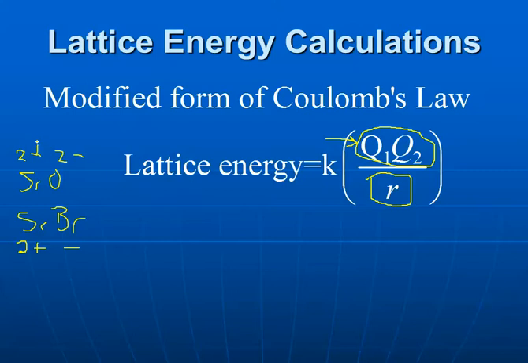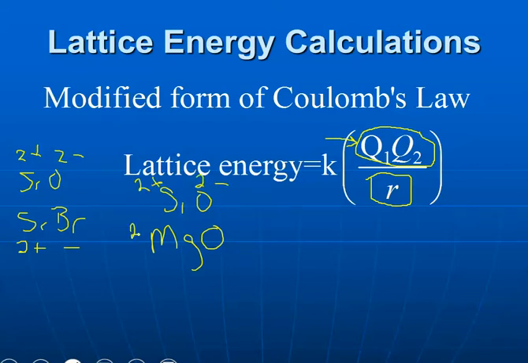If you have a situation like this where you have SrO, and then we've got MgO. Did I do that right? Yeah. In this case, both of these have the same magnitude of charge because this is a 2+, this is a 2-.